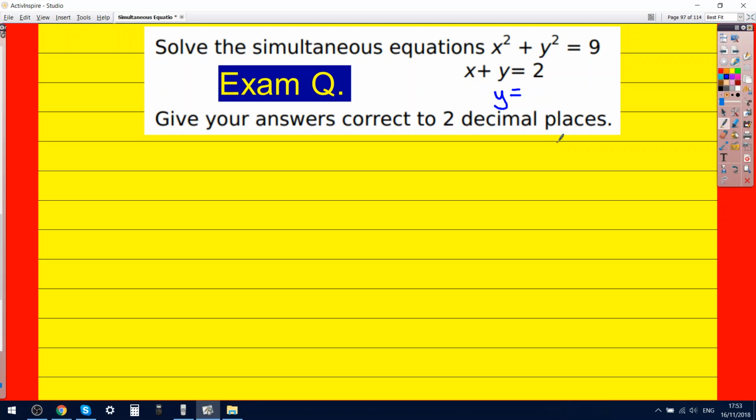Let me just write down. Y equals x minus 2. Other way around? Or 2 minus x. Yeah. And so then what would you do?